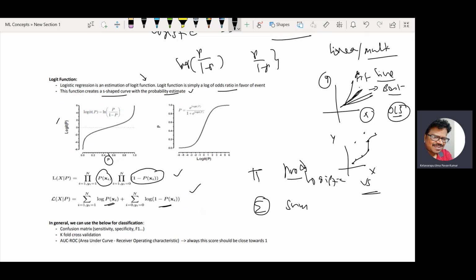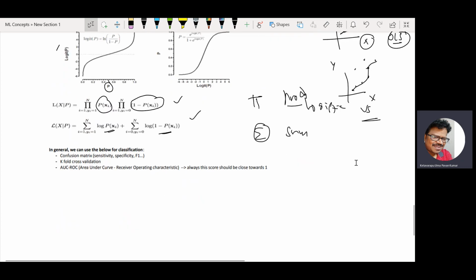Similarly here, in linear and multilinear regression, we only touch base with the nearest locations, and it is always a straight line. Whereas with the S-shaped logistic curve, it goes into detail, makes use of the exact position, and accordingly draws this curve. So these are some of the things you need to observe in logistic regression.